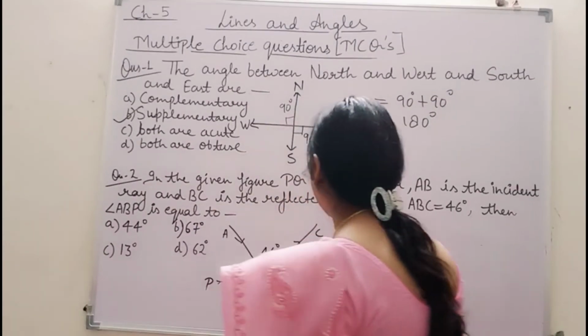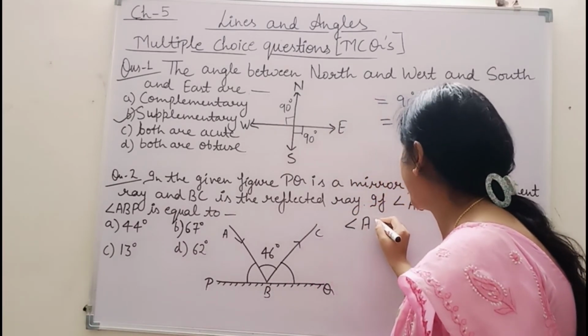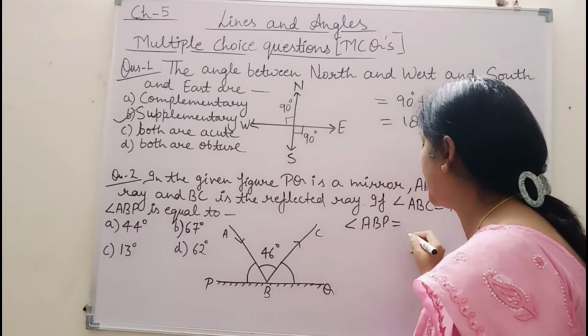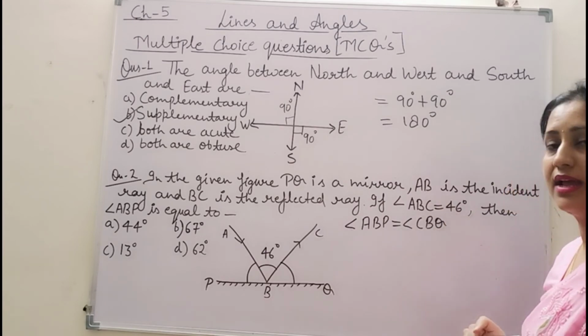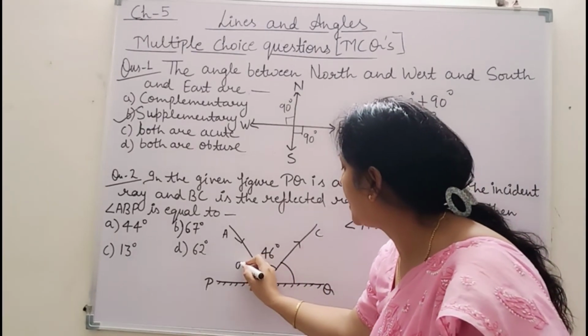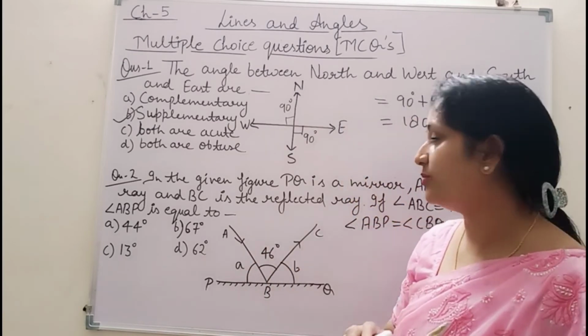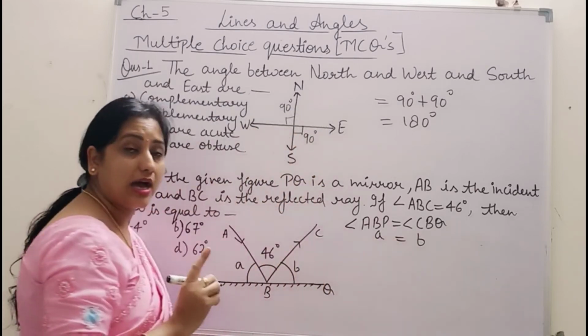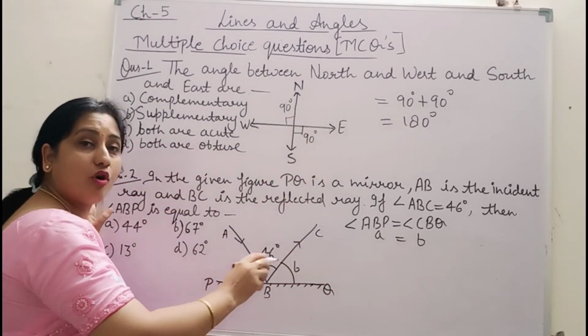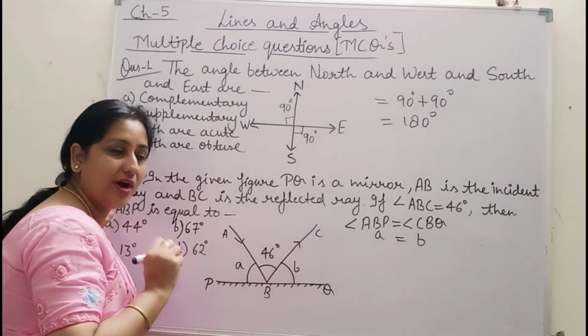It means angle ABP is equal to angle CBQ. Let this angle be A and this angle be B. It means A is equal to B. Again, we know that the sum of all angles on a straight line is equal to 180 degree.